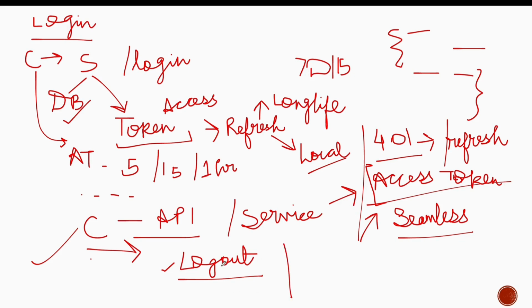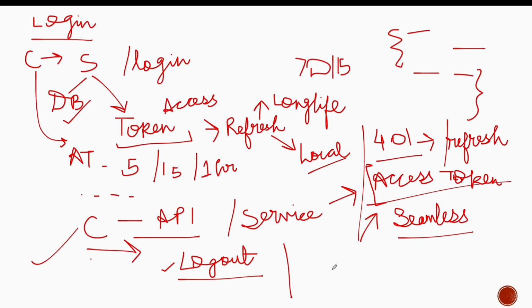If the user decides to log in again, you should get a new token. So in that scenario, the server removes the old token and deletes the refresh token from the database, and the access token will expire on its own. So whenever the user decides to log in again, he can log in again.